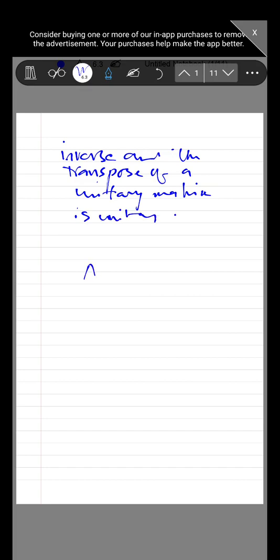So you know that A inverse, this is what it means, and the product of two unitary matrices is unitary.